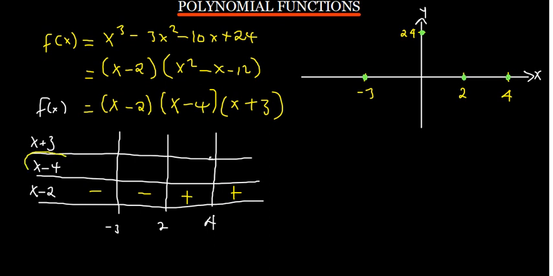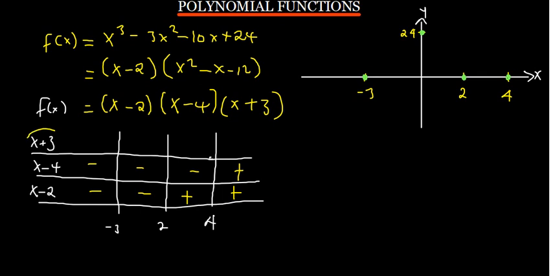When I equated x minus 4 to 0, I found a positive 4. So 4 is going to be the demarcation of signs. If I use any number greater than 4 in that factor, for example, a 5, I'm going to get a positive value. Immediately I cross 4, it will be a negative sign.